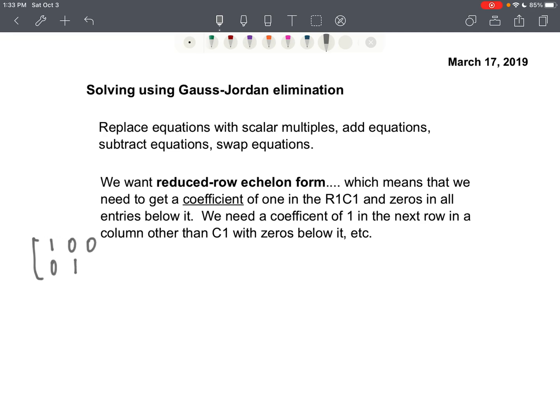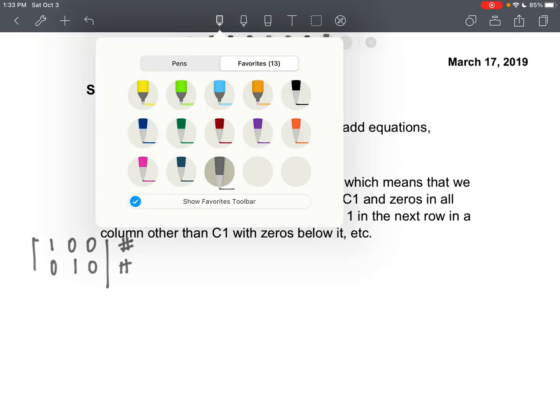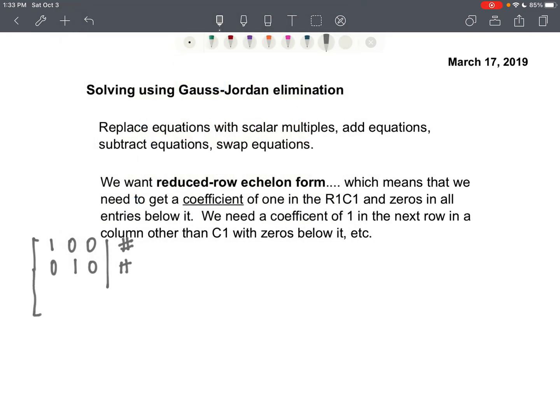So in essence, what we're going to want is 1s on the diagonal. Let me make this a 3 variable matrix right here, with 0, 0, 1. Because this is going to be x, this is going to be y, this is z, and then you have a constant.